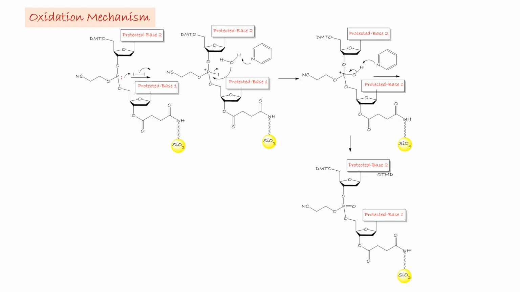The oxidation mechanism to transfer the phosphite triester P3 to P5: treat the compound with iodine, which will iodinate the phosphorus and create a positive charge on here, which will be attacked by the oxygen lone pair of the water molecule to form the P-OH bond and a positive charge on phosphorus.